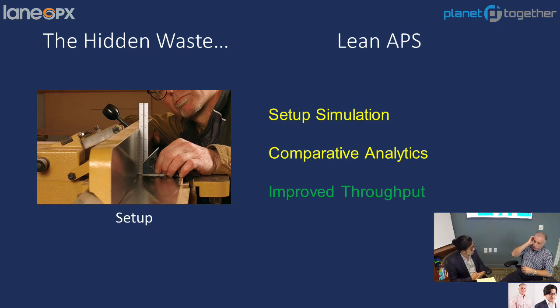What I found in my career is the number one demand of customers is lead time reduction associated with on-time delivery. And that's why I felt it was important to add this hidden waste, the eighth waste, which is setup. Because if you think of the traditional 7 wastes plus setup, and we could focus a continuous improvement or lean program on those wastes, it automatically leads to reduced lead time and improved on-time delivery, which therefore is improved customer satisfaction.